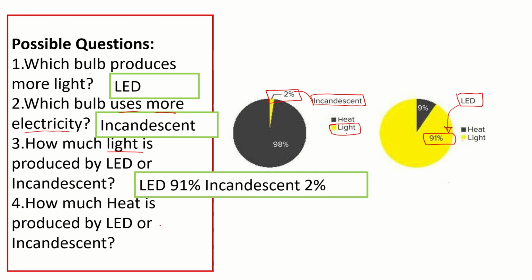How much heat or light is produced by LED or incandescent? So now the question is reversed and we have heat we are looking at. So incandescent is 98 and LED is 9.